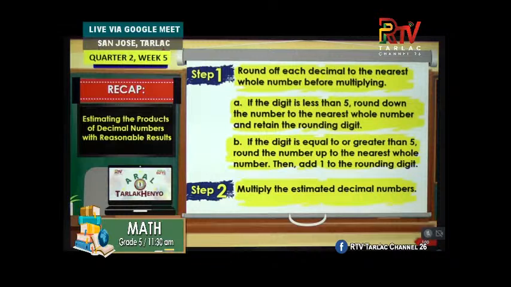A. If the digit is less than 5, round down the number to the nearest whole number and retain the rounding digit. B. If the digit is equal to or greater than 5, round the number up to the nearest whole number. Then, add 1 to the rounding digit. And for step 2, multiply the estimated decimal numbers.